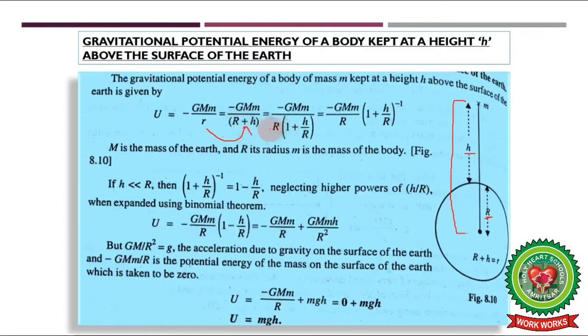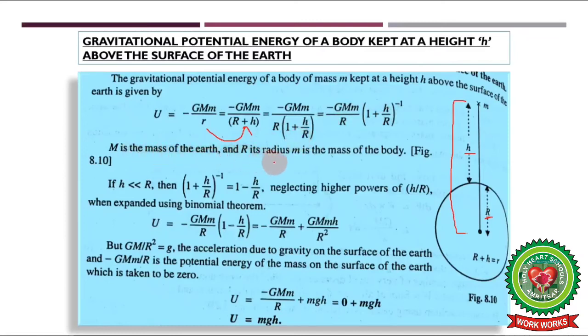Now we take R common out of it, and we get 1 plus h upon R. We can also write this equation as minus GMm upon R bracket 1 plus h upon R raised to power minus 1, which is the reciprocal of this denominator.